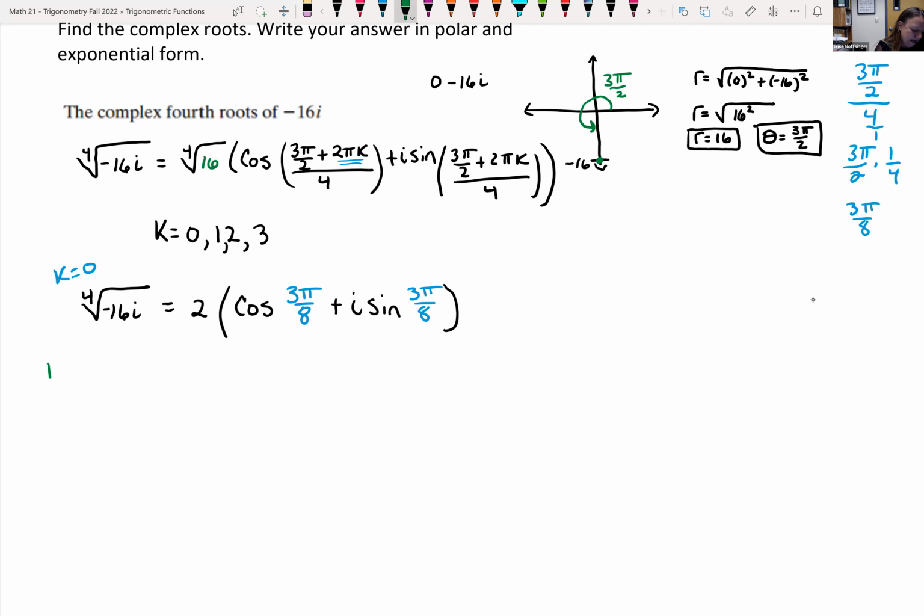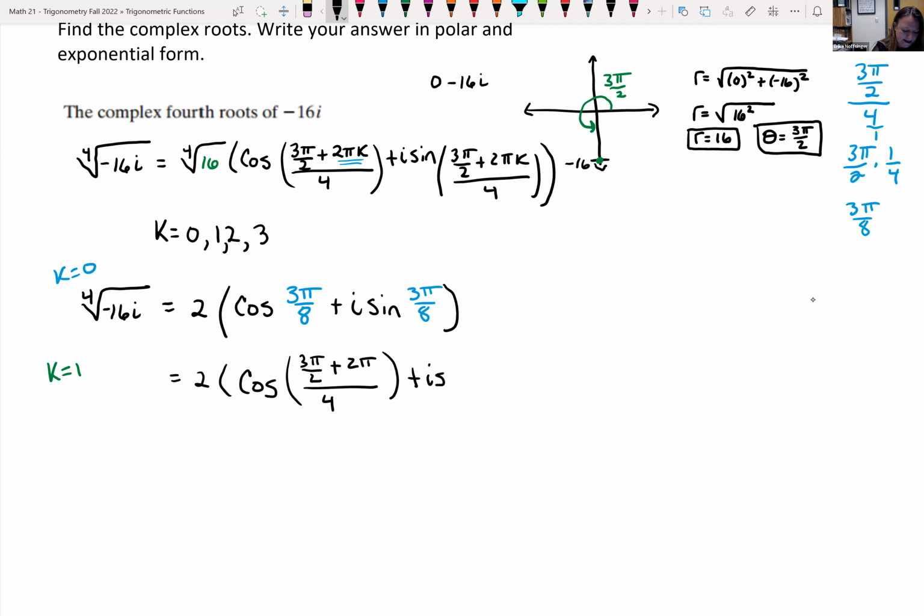If I let k equal 1, then I would get that my answer is equal to 2 cosine of 3 pi halves plus 2 pi times 1 is 2 pi all over 4.